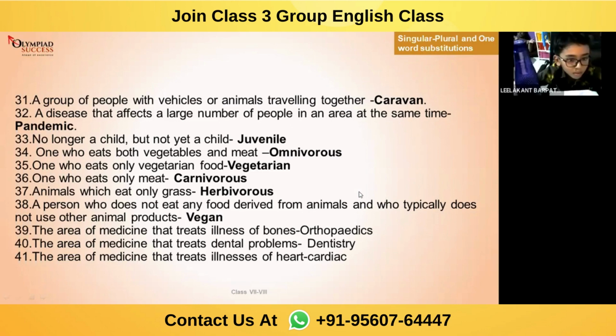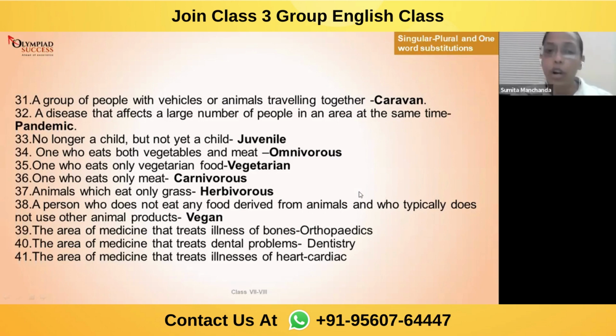Ma'am, what is the meaning of vegan? See, the sentence is there. The person who does not eat any food derived from animals and who typically does not use other animal products. Now, vegans are those type of people. I don't know if I'm right or wrong, but many Jains are very strict. They don't eat any non-veg.